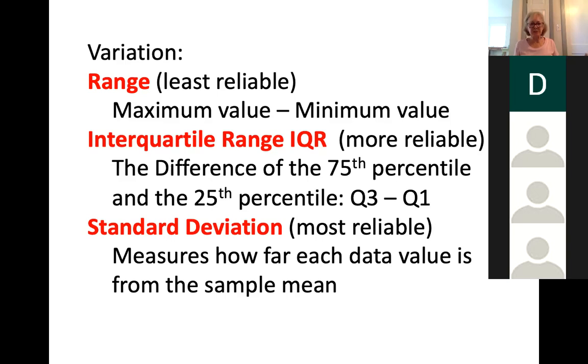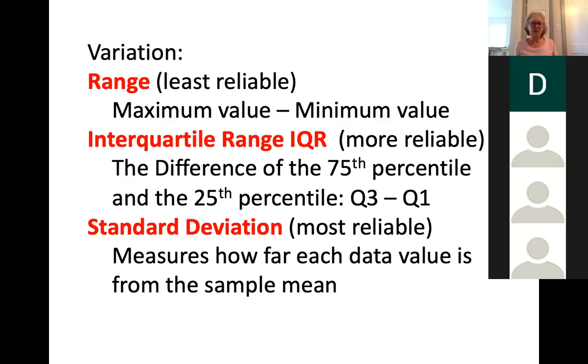The range helps us to do that. It's the difference between the maximum and the minimum. Very unreliable. Maybe in this class somebody got a 42, but in the next class, maybe the smallest was only 52. It varies a lot.